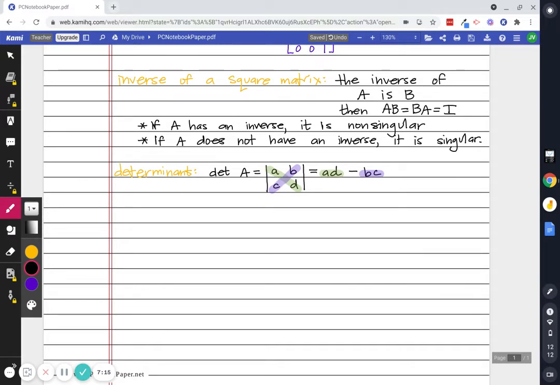A key thing with determinants: an n by n matrix, in other words, square matrices, right? That means the rows and the columns are the same.